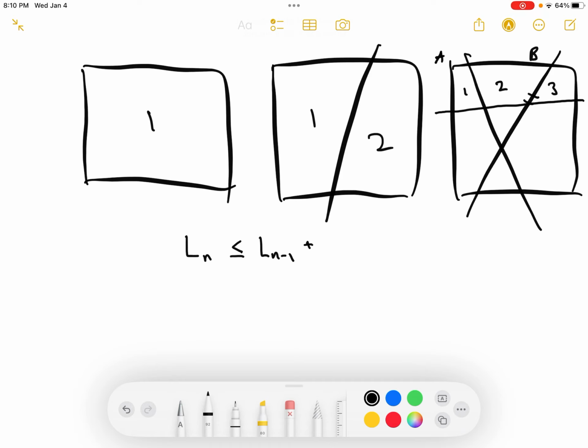It will cross at most n-1 points, because there are n-1 old lines, and if you cross n-1 old lines, it will create n new regions.